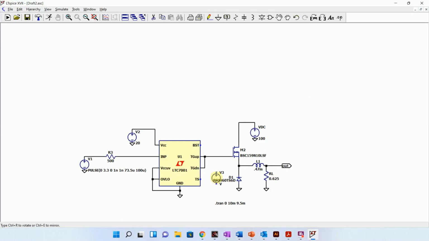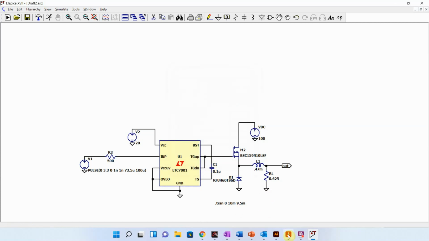Here's our BST, here's our TS. So we're going to put a capacitor right here. And they said 0.1 microfarad.